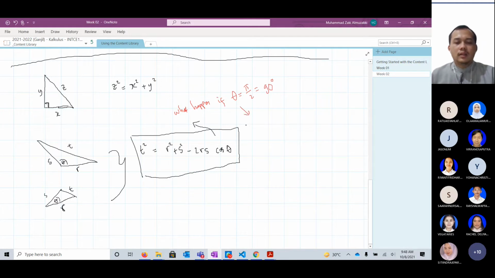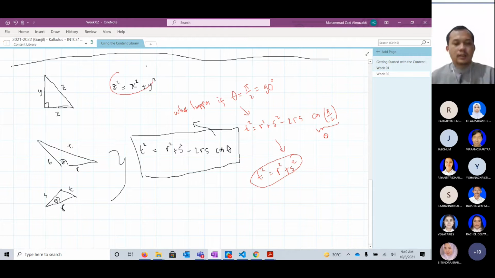Then we have t squared equals r squared plus s squared minus 2rs cosine of pi over 2. What is the value of cosine pi over 2? 0. Cosine of 90 degrees is 0. In this case, we have t squared equals r squared plus s squared. Now, take a look at this formula and the Pythagoras formula.